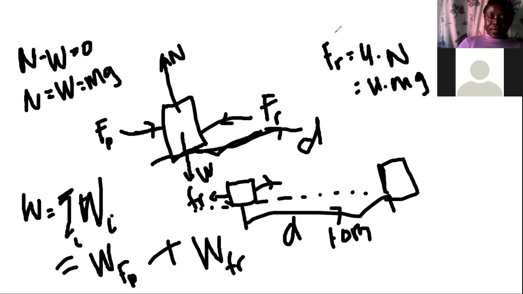We define the work done as the force times the displacement. We can forget about the angles because they are already parallel; we can include it if we want, but it's not really necessary.